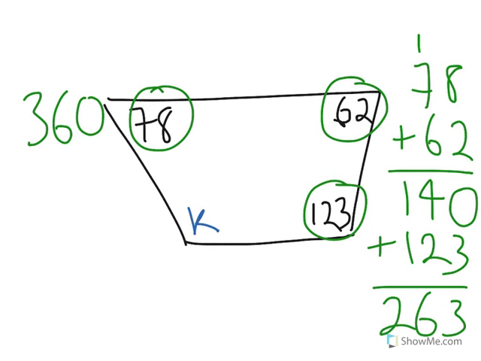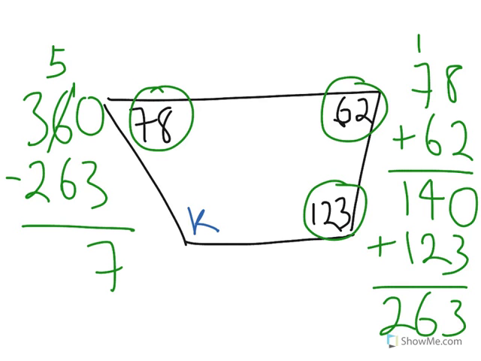Okay, and I get 263. I then do 360 minus 263 and cannot do 0 minus 3, so I need to borrow and borrow again. And I should get k equals 97.